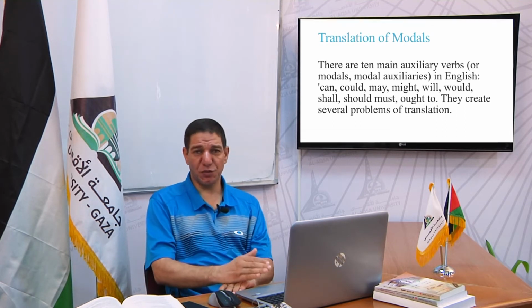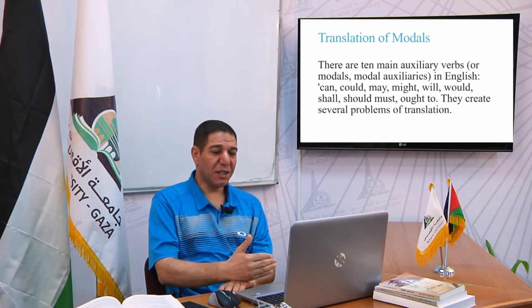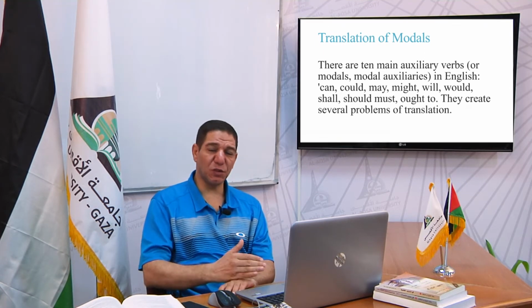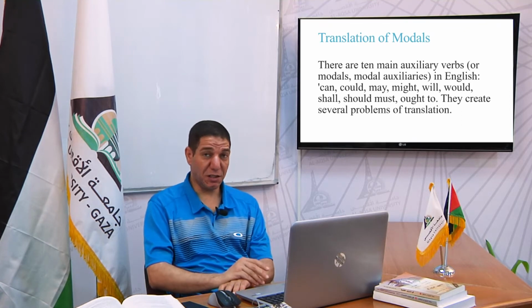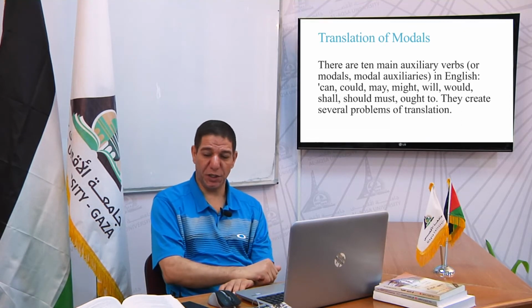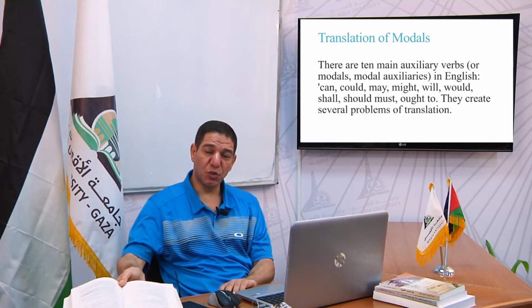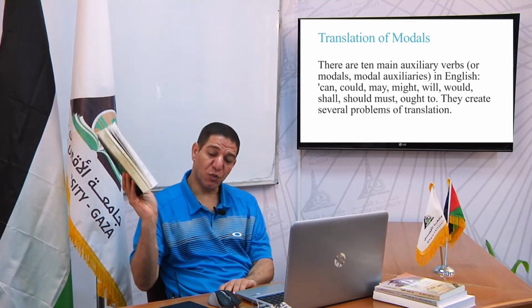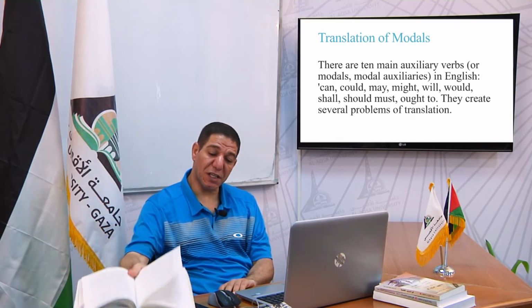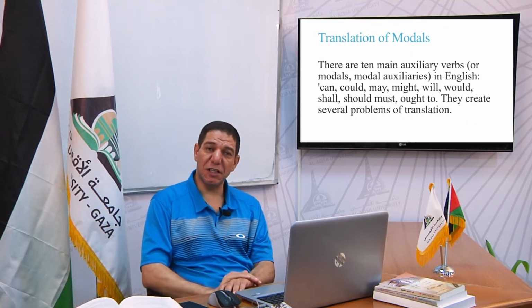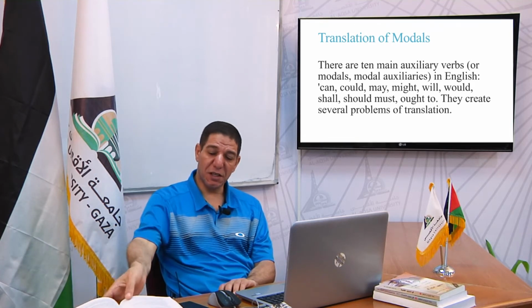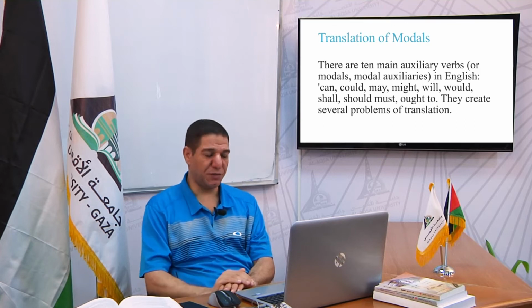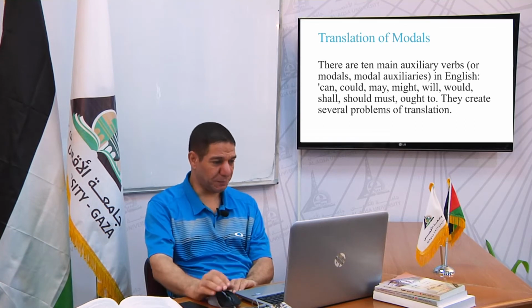You have to be careful because shall can mean something totally different from what you are going to learn in the book today. So it is very important to look for these words in detailed references such as Practical English Usage or any other reference.